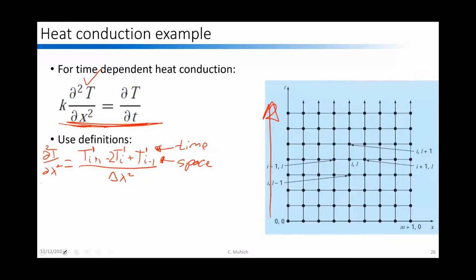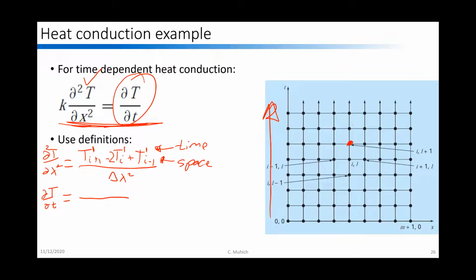Now we need to take care of this time piece. So let's look. The partial derivative of T with respect to time, we can just use our forward finite difference, because we want to use a forward finite difference because we need the next point.